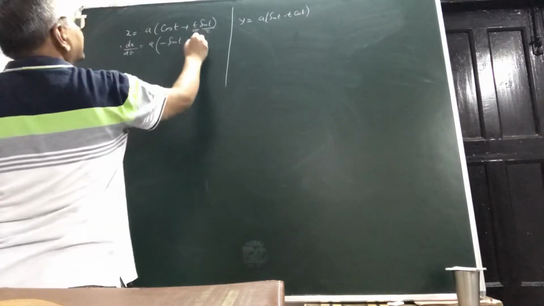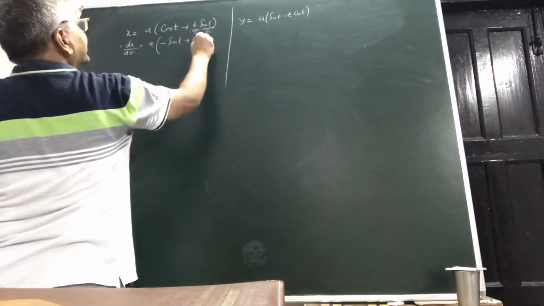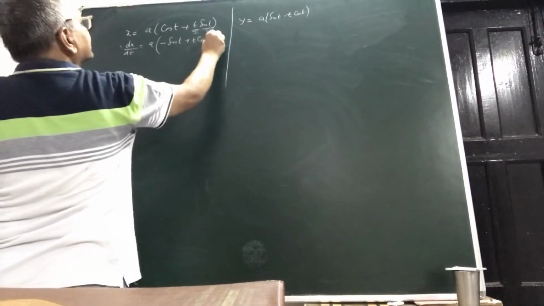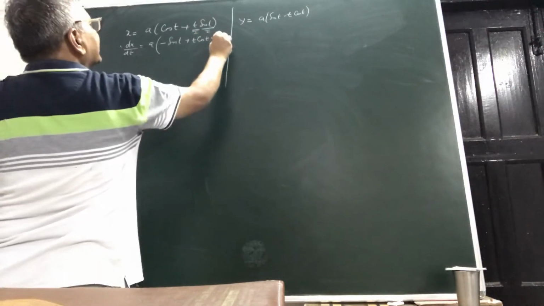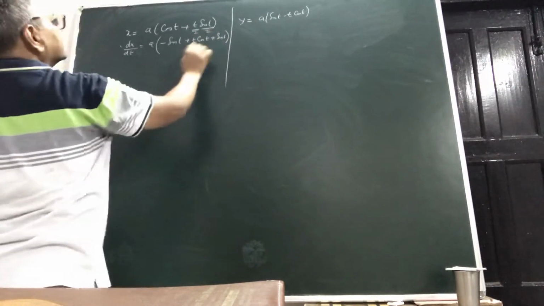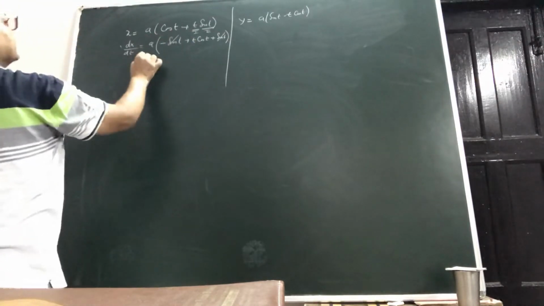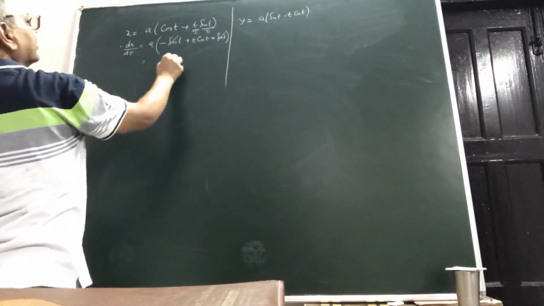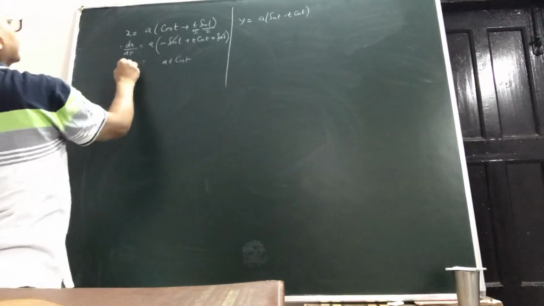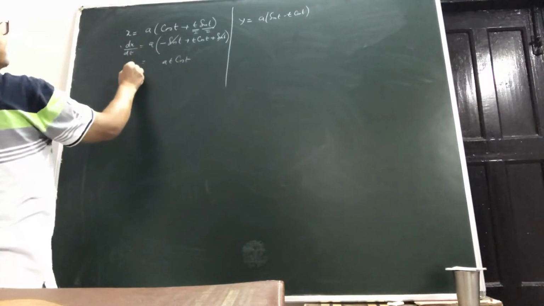First function t, derivative of sin t is cos t, plus sin t, and that's all. So the sin t cancels, and what you will get is a t cos t. This is the derivative dx by dt.